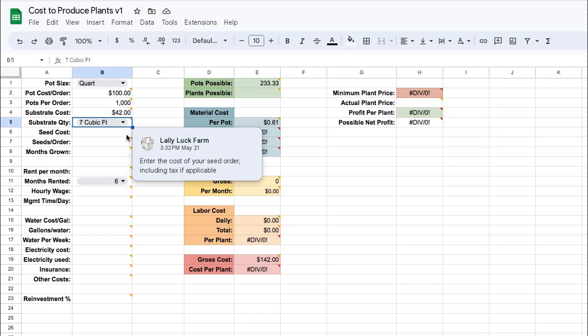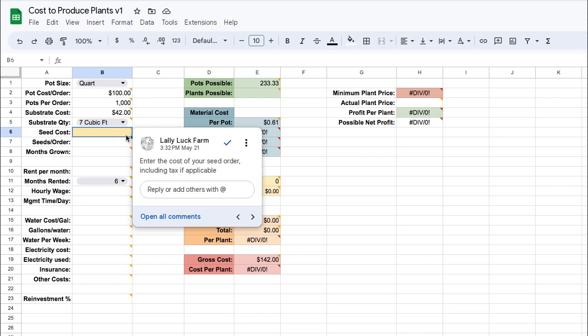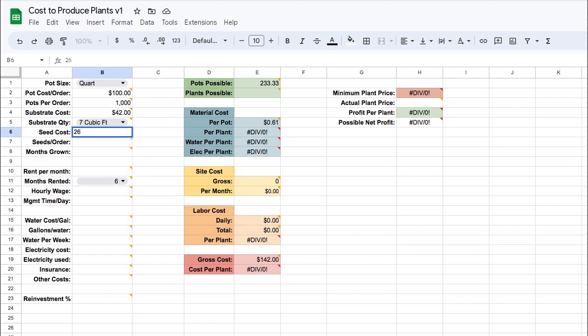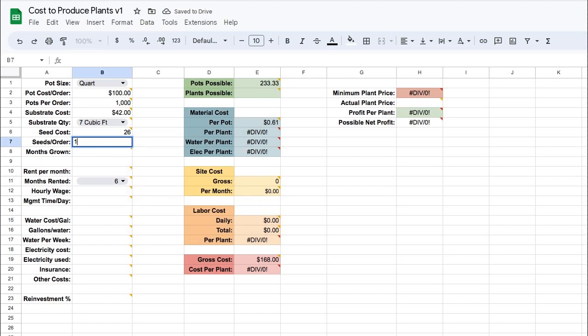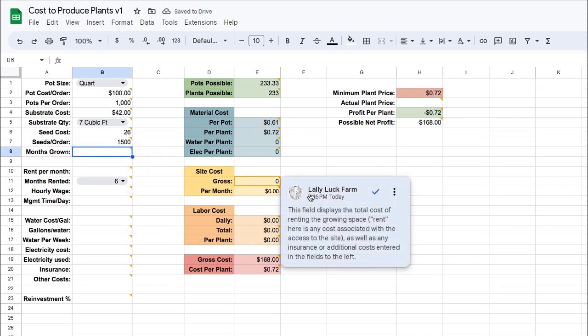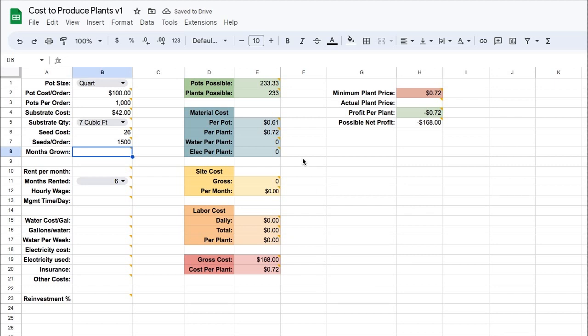Since we're assuming that this is one of our projects, we can go with, we'll say it was $26 total for my set of 1,500 seeds. And now we're starting to see what this is going to look like.